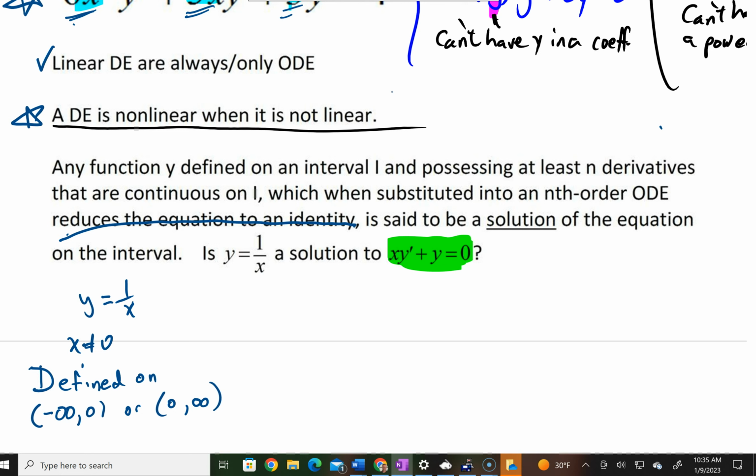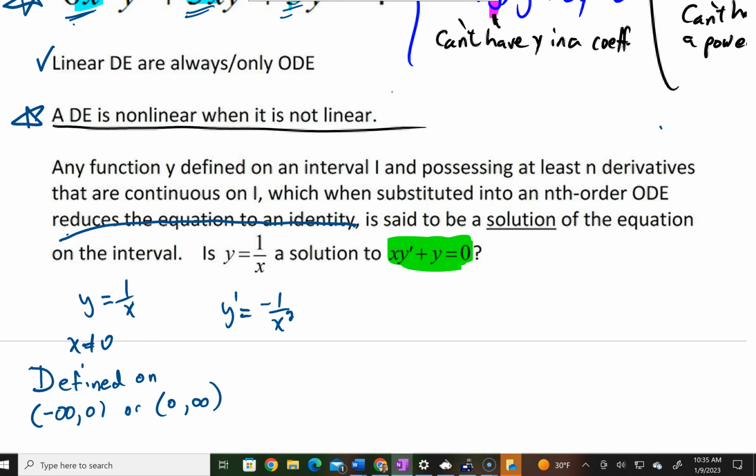Here's what you're going to have to do quite a bit in chapter 1. Let's go ahead and take our derivative. Wow, one of the most famous derivatives you'll ever see. 1 over x, you guys remember what its derivative is? Yeah, negative 1 over x squared. Of course, that's x to the negative 1.